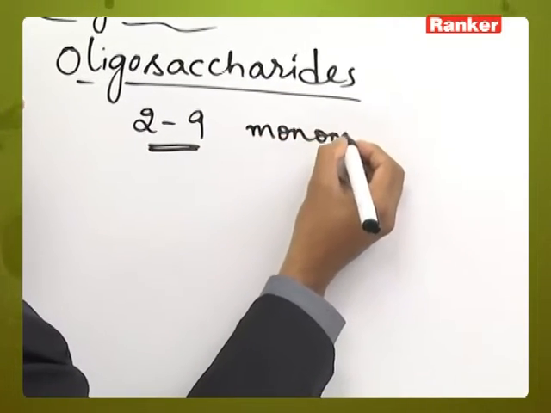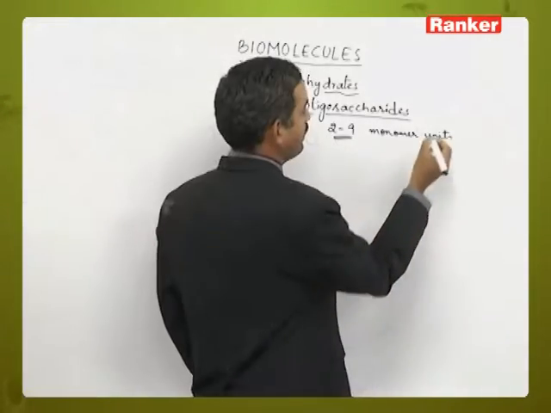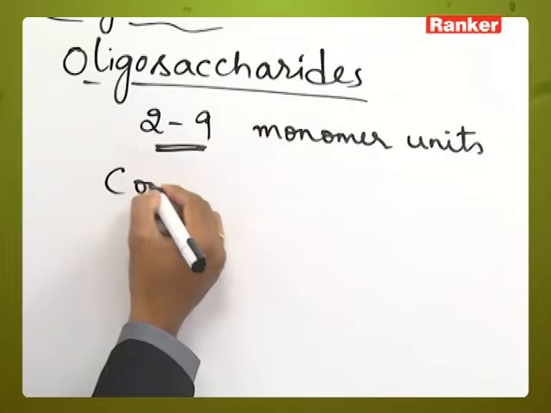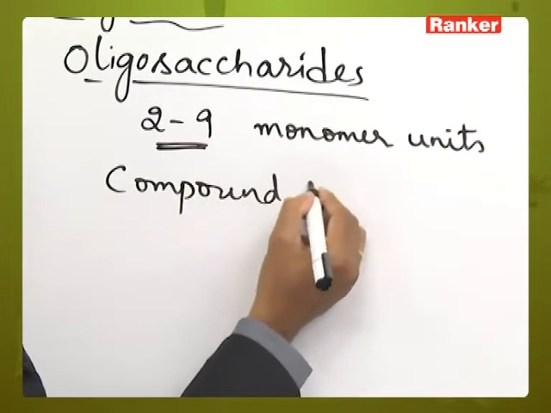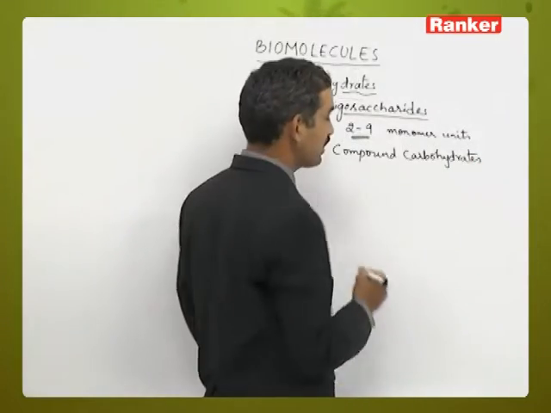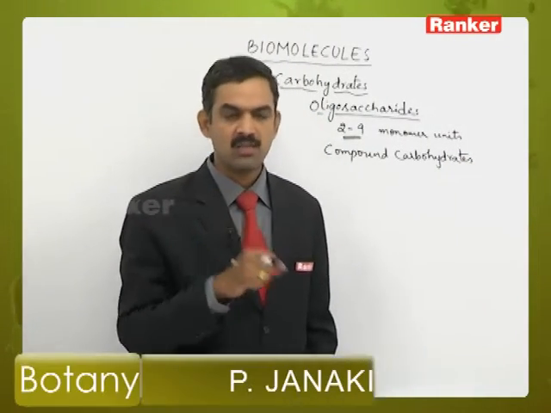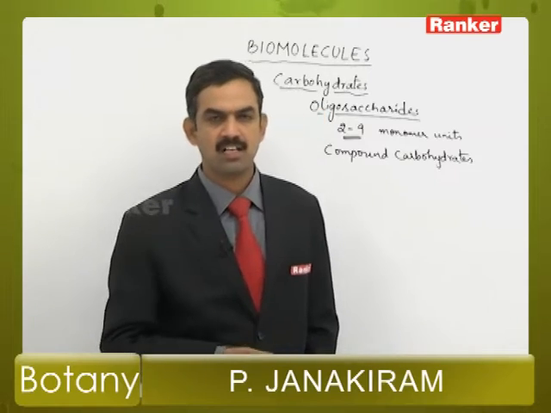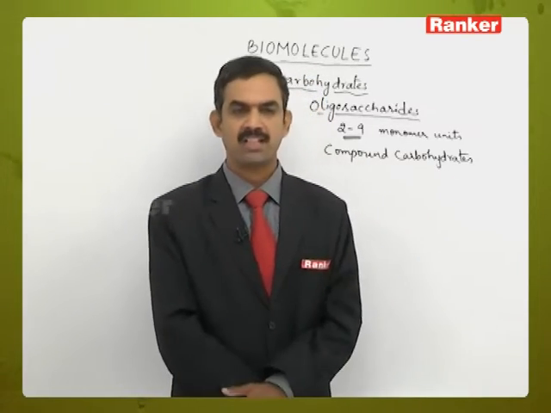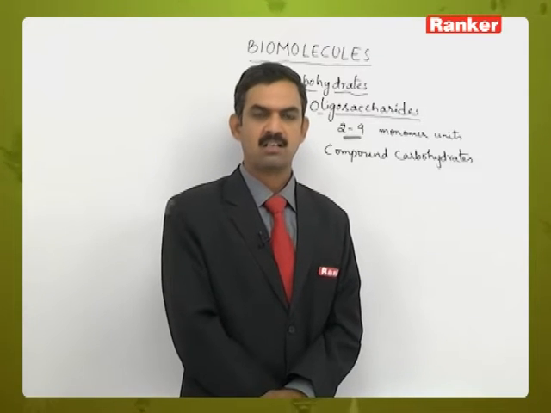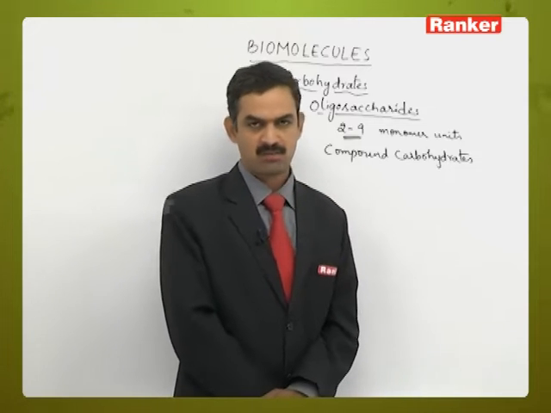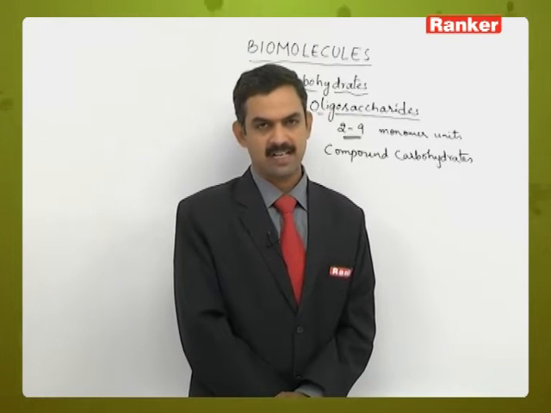They resemble a compound carbohydrate, but compound carbohydrates like polysaccharides should have 10 or more monomer units. Here they have less than 10, so we call them oligosaccharide molecules.